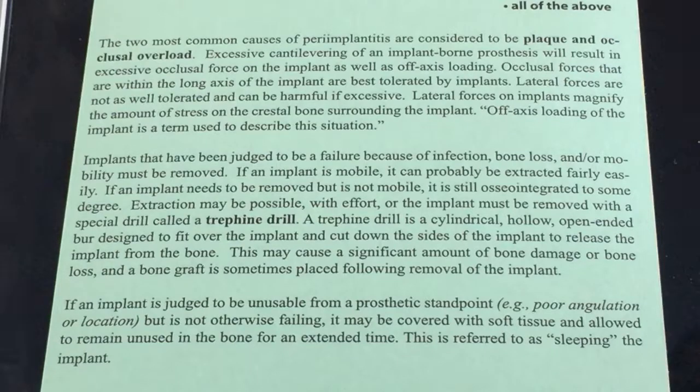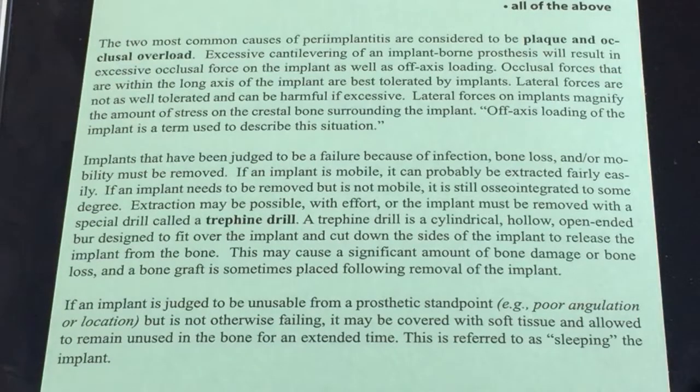Implants that have been judged to be a failure because of infection, bone loss, and or mobility must be removed. If an implant is mobile, it can probably be extracted fairly easily. If an implant needs to be removed but is not mobile, it is still osseointegrated to some degree.